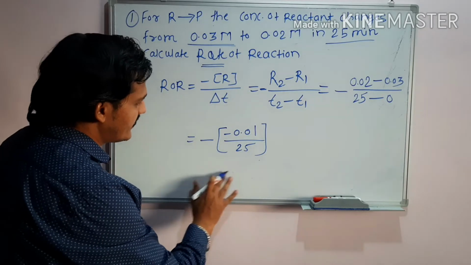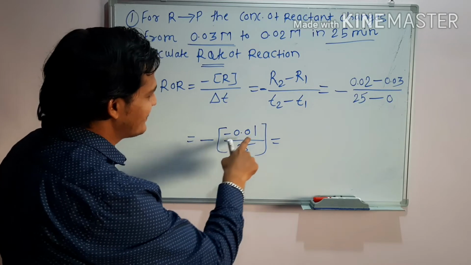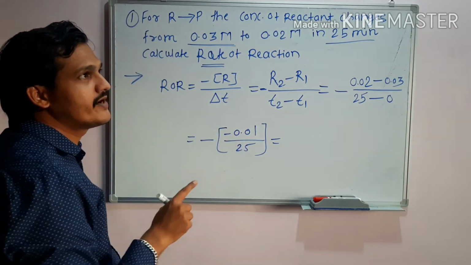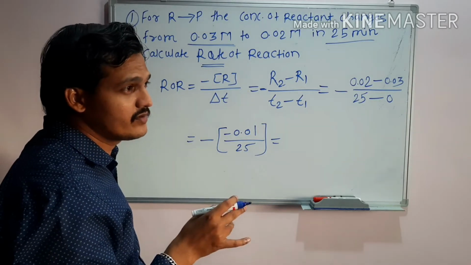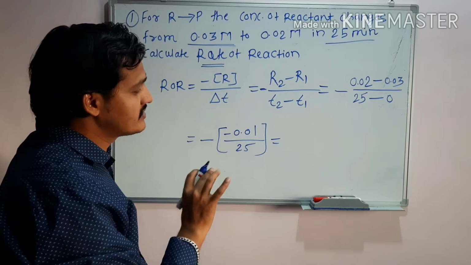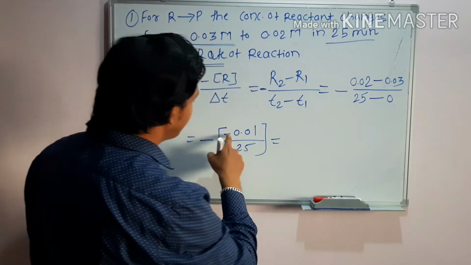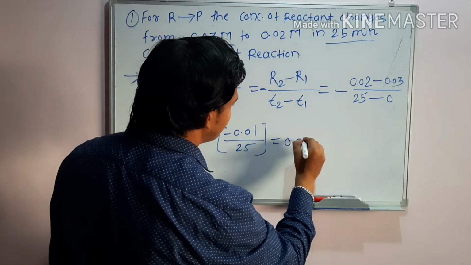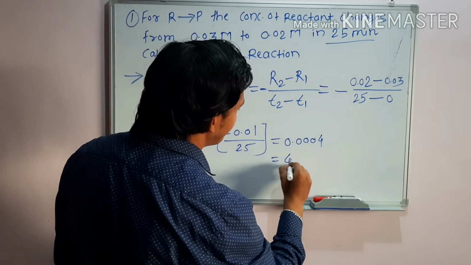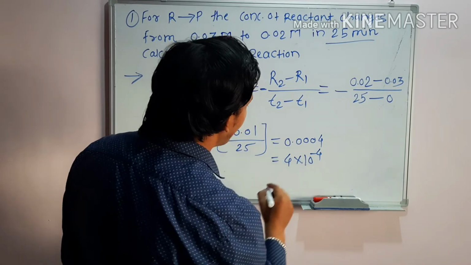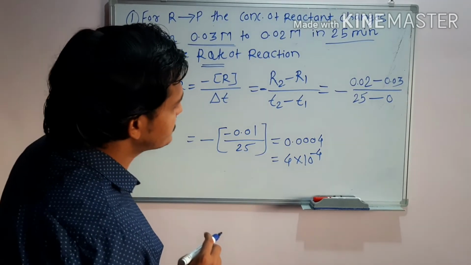I am not using a calculator here, it is so easy for this example. 1 divided by 25, 1 upon 25, gives 0.04. One twenty-fifth is 0.04. Minus minus gives plus, so 0.0004. So I am writing it in that way: 4 into 10 to the power minus 4.